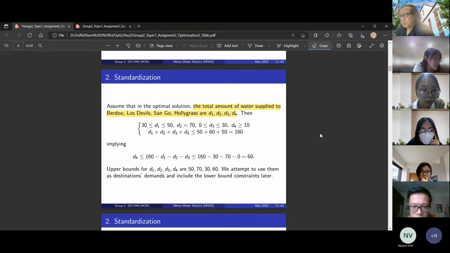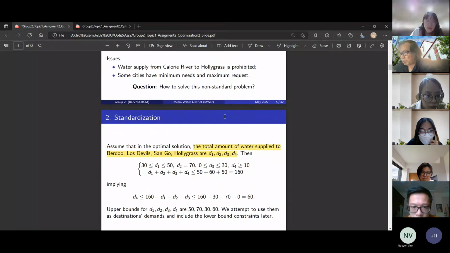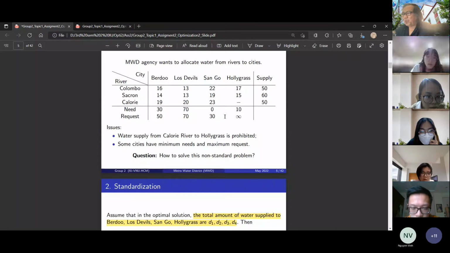This total water supply means what? Come back to the table and tell me what D1 is. Total water supply to Purdue, so it means what?